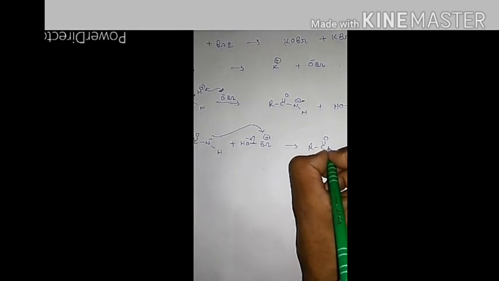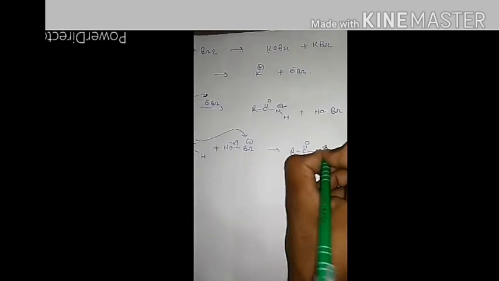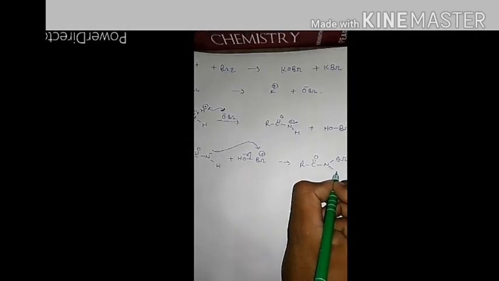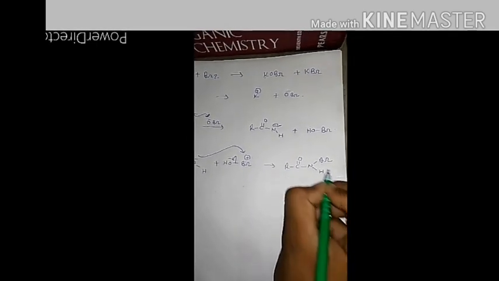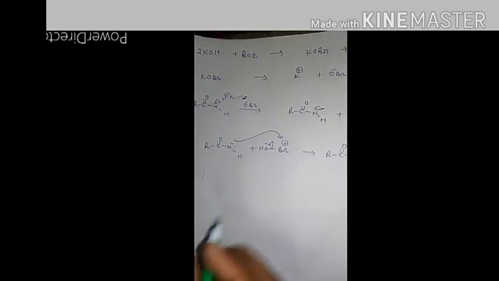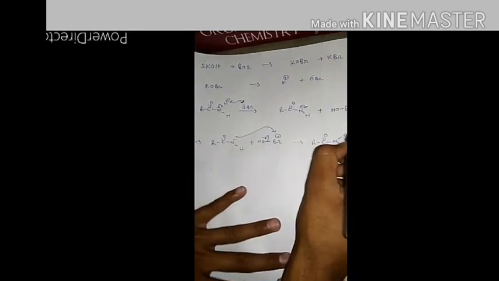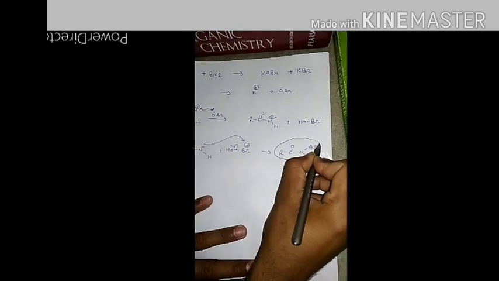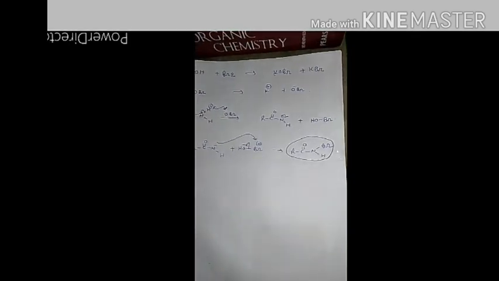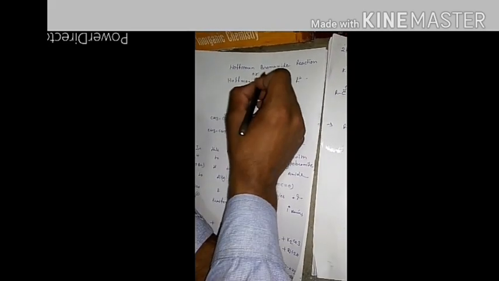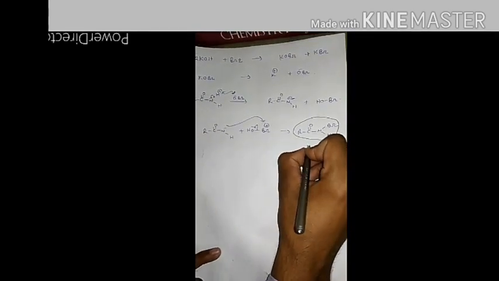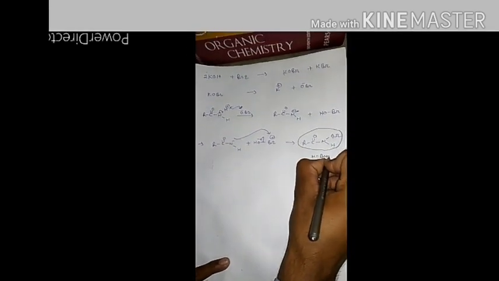This is the N-bromamide. Now this compound formed in the reaction is the N-bromamide, hence the name is bromamide reaction, and this is bromamide.